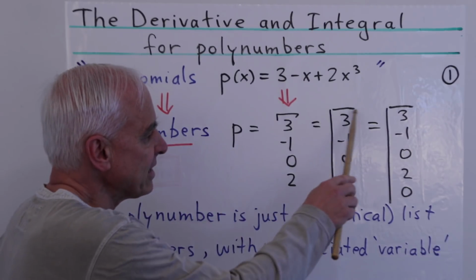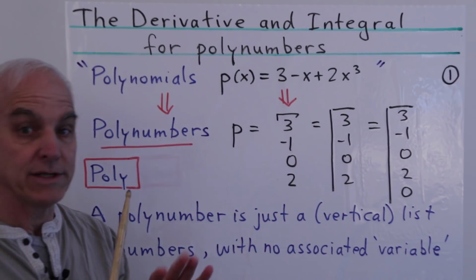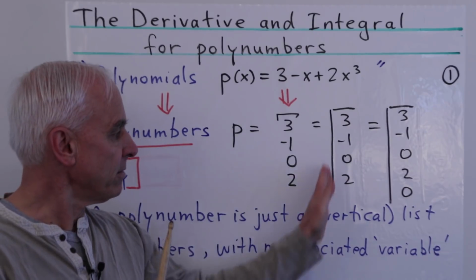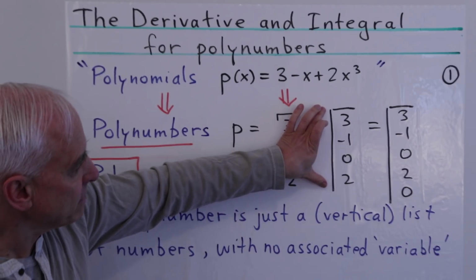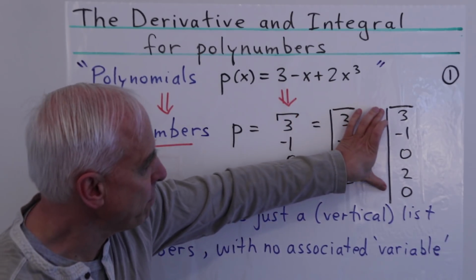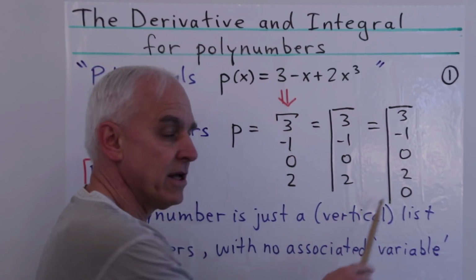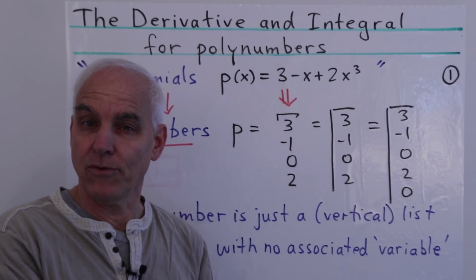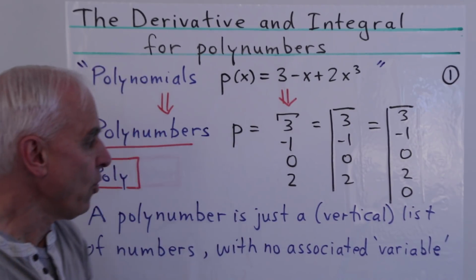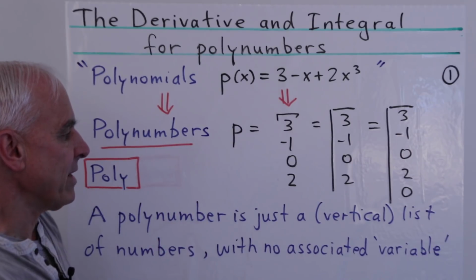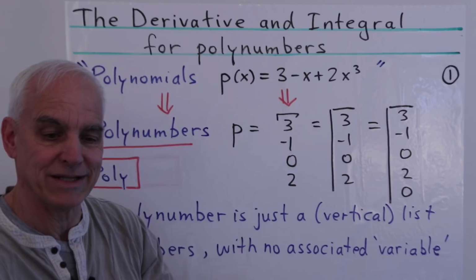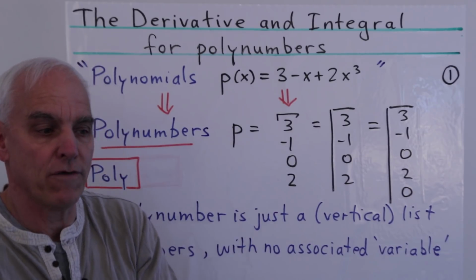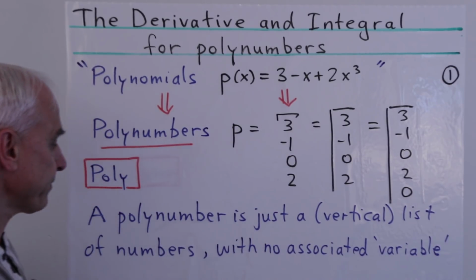So we might use this kind of notation when we're typing something up with a left bar here and an overline there. And then this polynumber here will agree is the same as this polynumber here, where we've just added a zero or maybe a couple of zeros to the end. So that's our basic agreement that there's an ambiguity or flexibility in terms of adding additional zeros at the end of the polynumber.